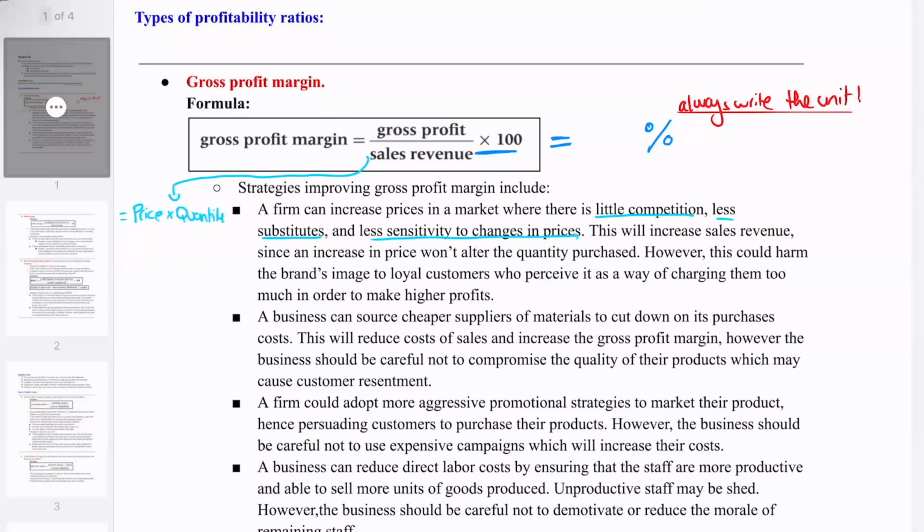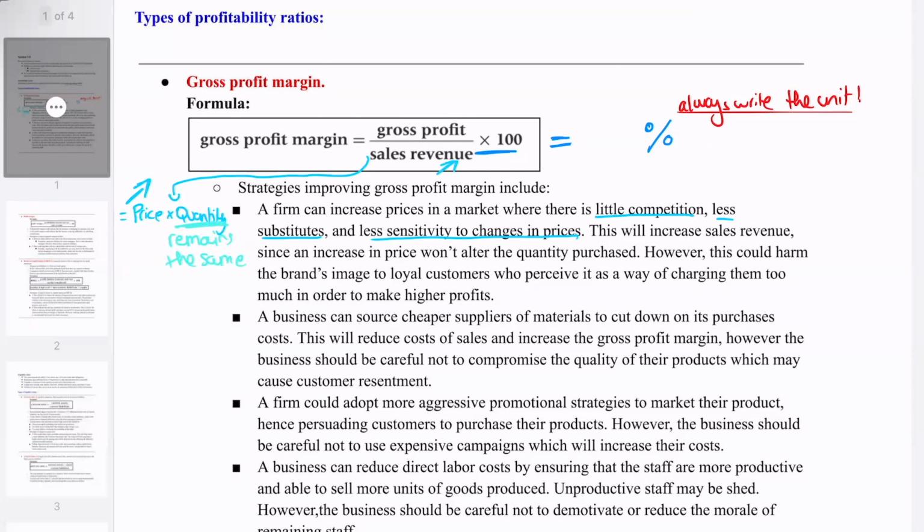So when price increases, so does sales revenue. But the catch is that you have to make sure quantity remains the same.